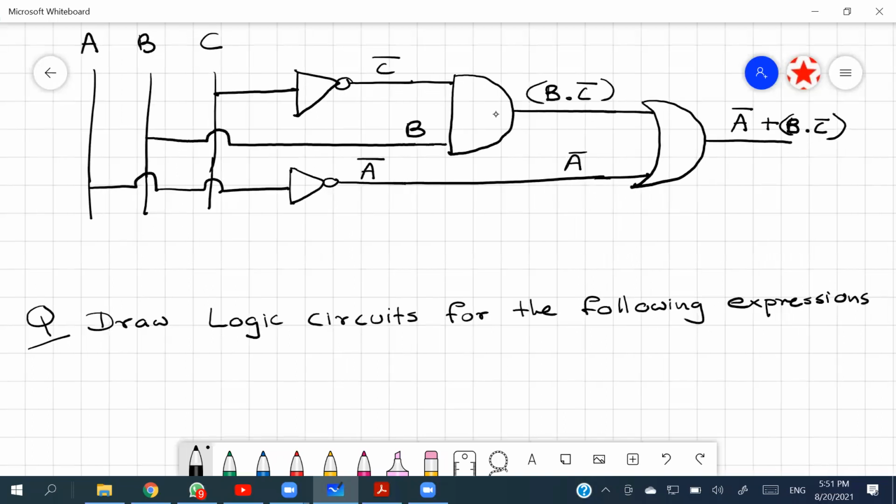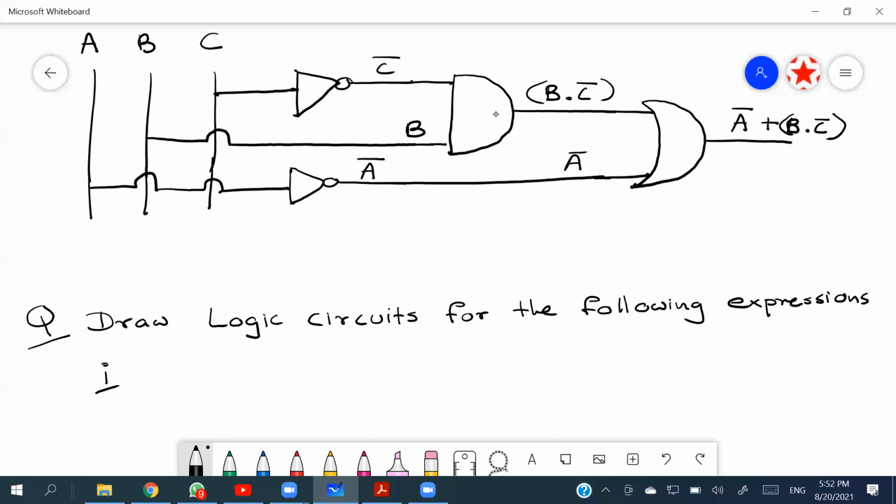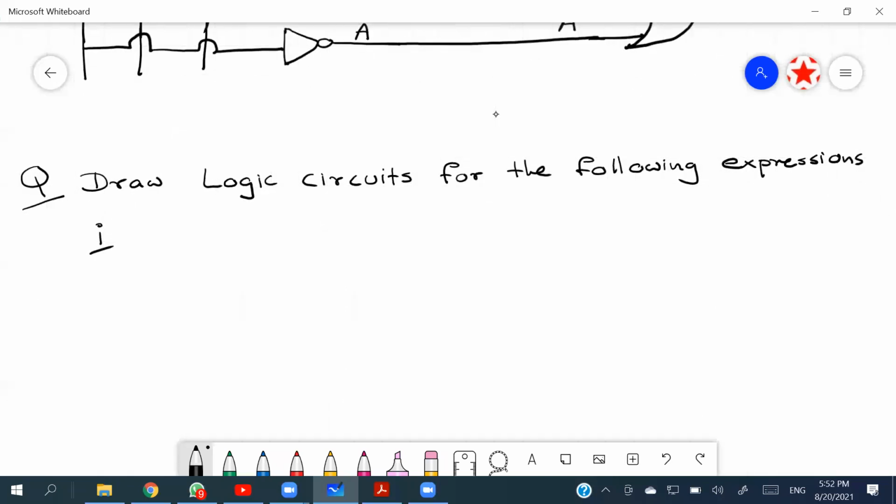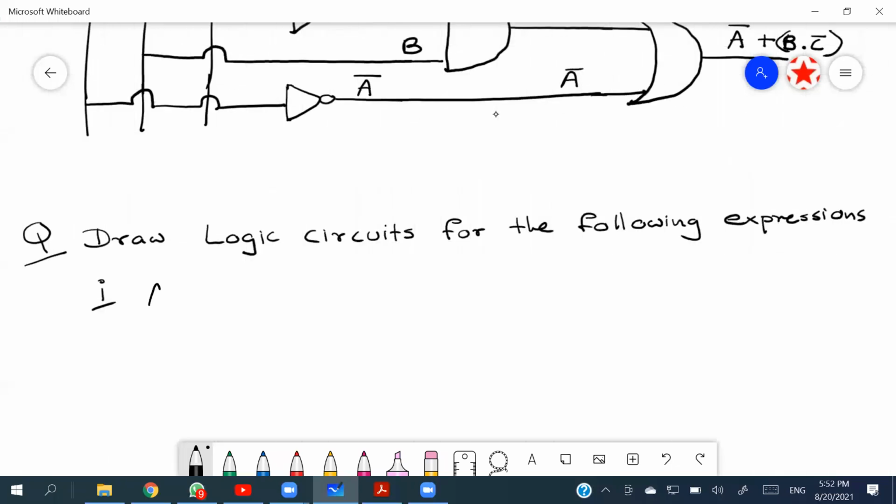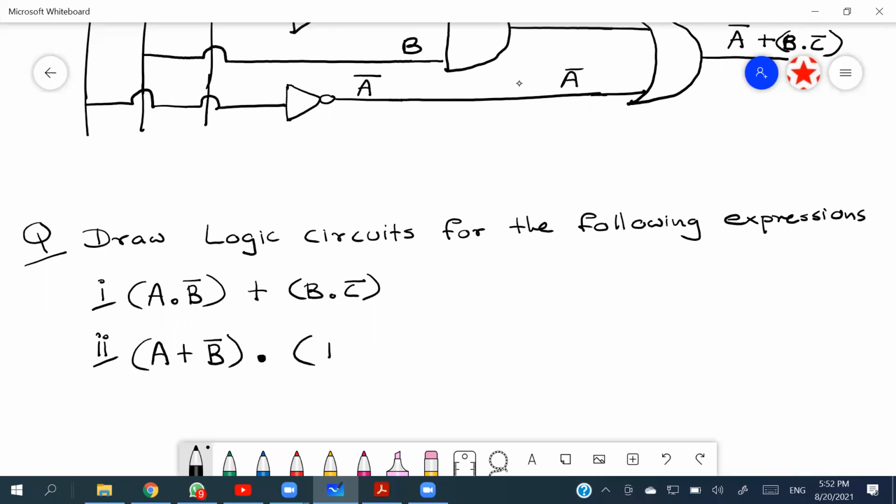Expression number 1. This is expression number 2. This is expression number 3.